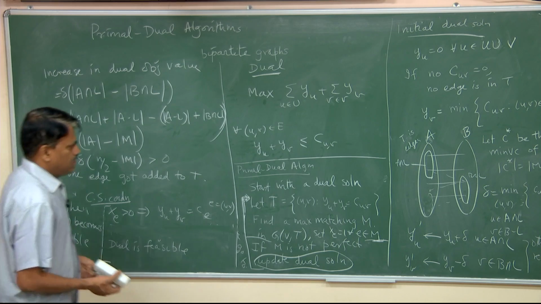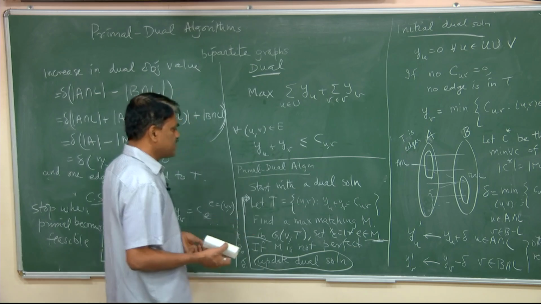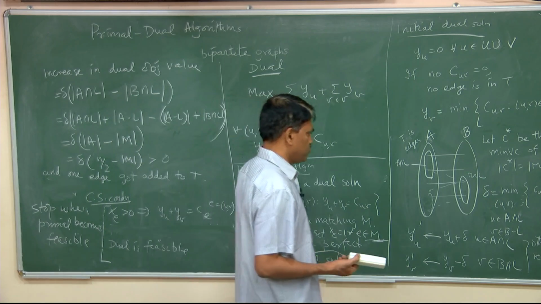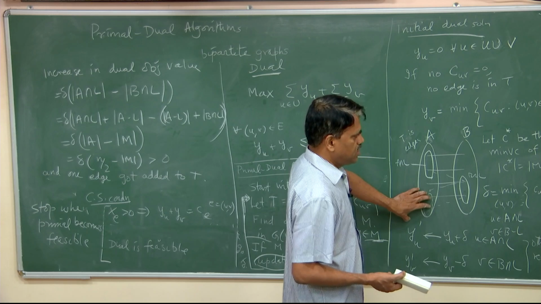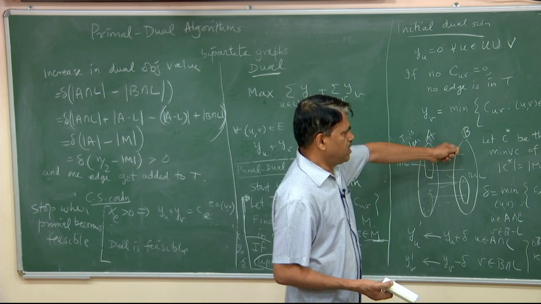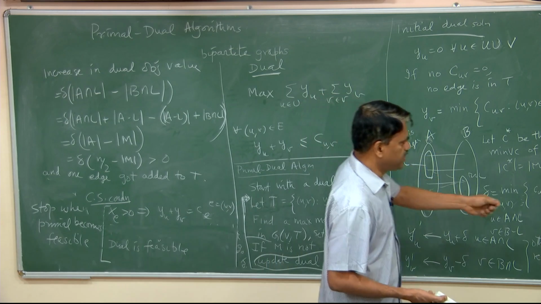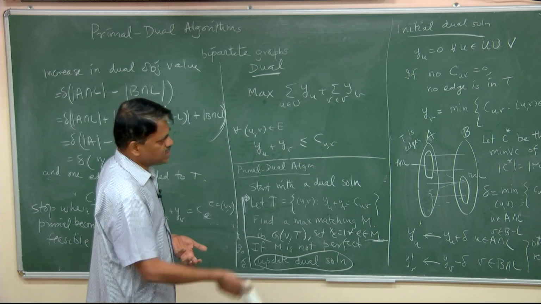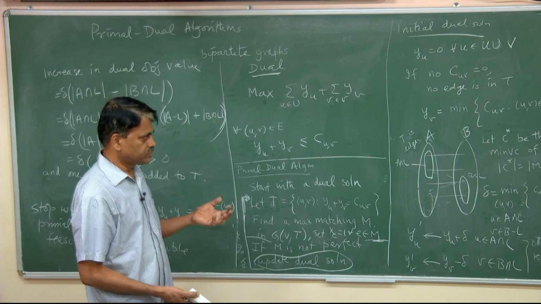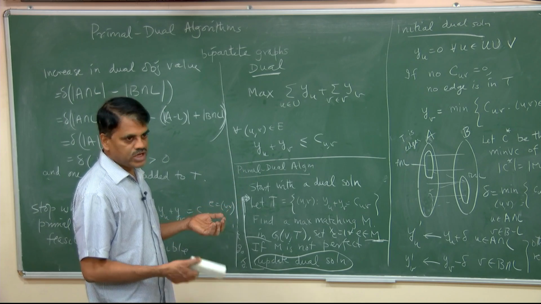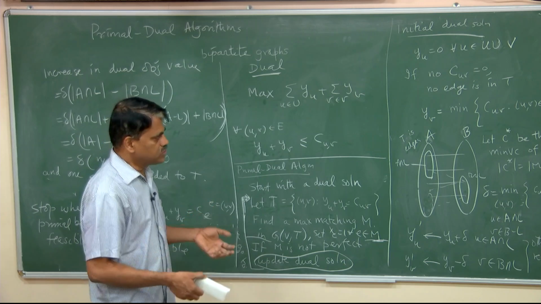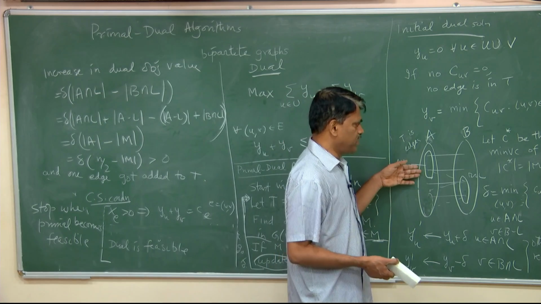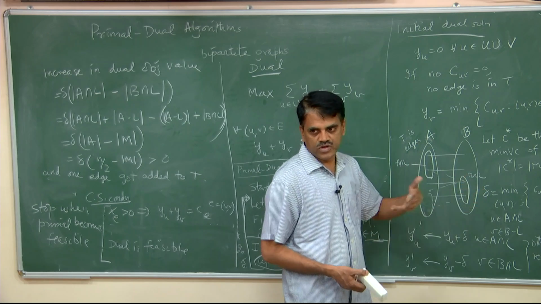Eventually, at least one extra vertex of B is reachable from U, the unsaturated vertices, through these tight edges. Eventually, if I reach every vertex of B, then L is equal to B on the right side. So B intersection L will be B, and so I need to pick nothing from here. My B would be my optimum solution.